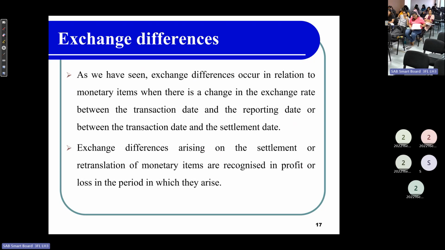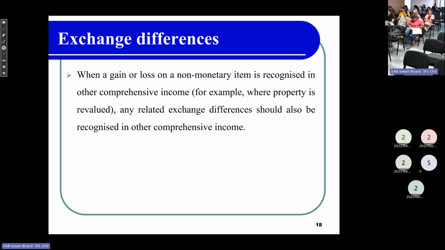Exchange differences arising on the settlement or translation of monetary items are recognized in profit and loss in the period in which they arise. When a gain or loss on a non-monetary item is recognized in other comprehensive income, for example where property is revalued, any related exchange difference should also be recognized in other comprehensive income. That's what I said. That should be charged to OCI.